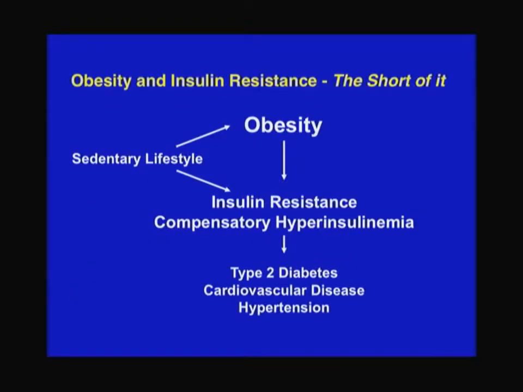And here's a very simple-minded relationship of the syndrome that we really think of as prediabetes, as insulin resistance. What happens is the combination of obesity and a sedentary lifestyle, which themselves feed on each other, causes insulin resistance. That is, the insulin doesn't work as well in the fat cells and the muscle cells.